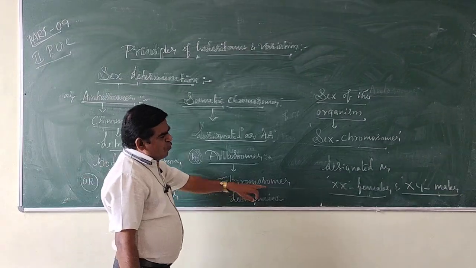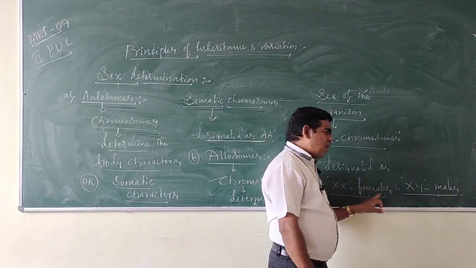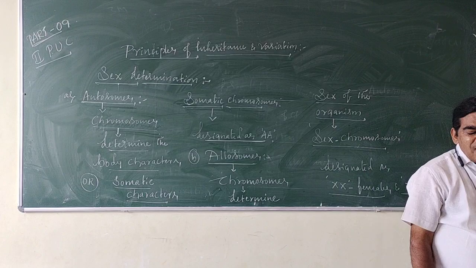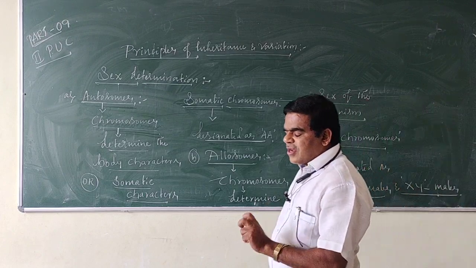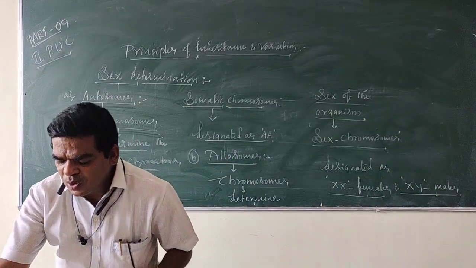So, allosomes are designated as XX in females and XY in males. These are the two types of chromosomes.